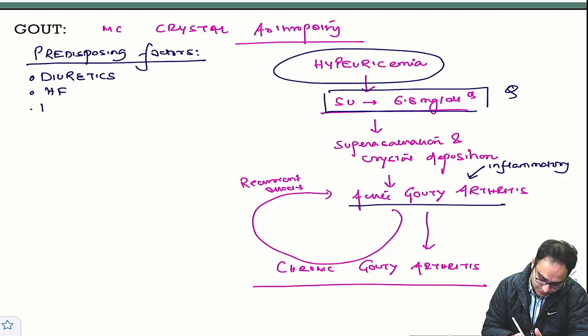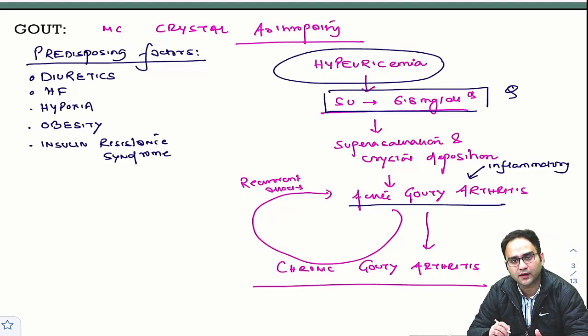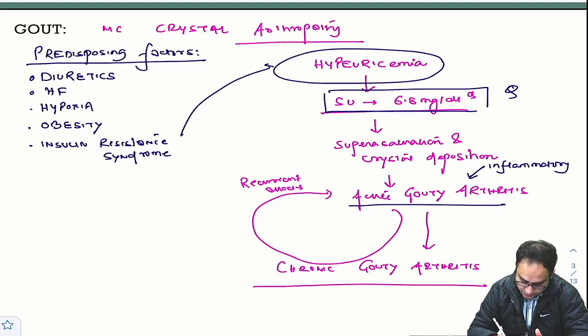Heart failure, hypoxia, obesity, insulin resistance syndrome. All these are predisposing factors for hyperuricemia.